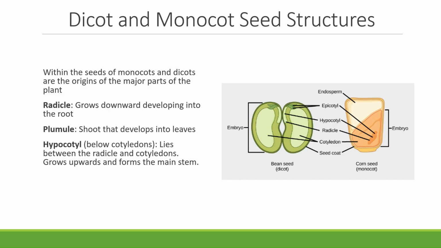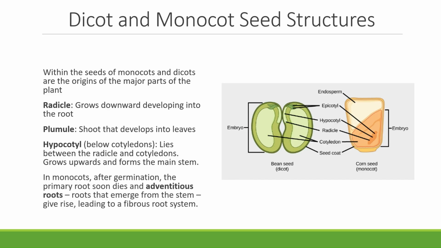In monocots, after germination, the primary root that arises from the radicle actually soon dies. And what emerges is what we call adventitious roots. These actually grow directly from the stem itself, and they take over.